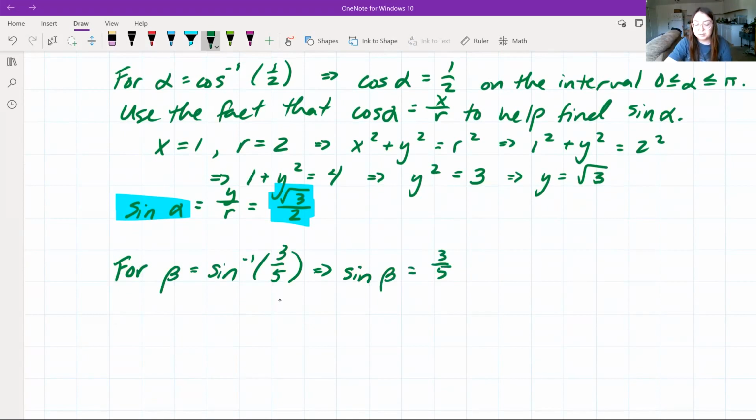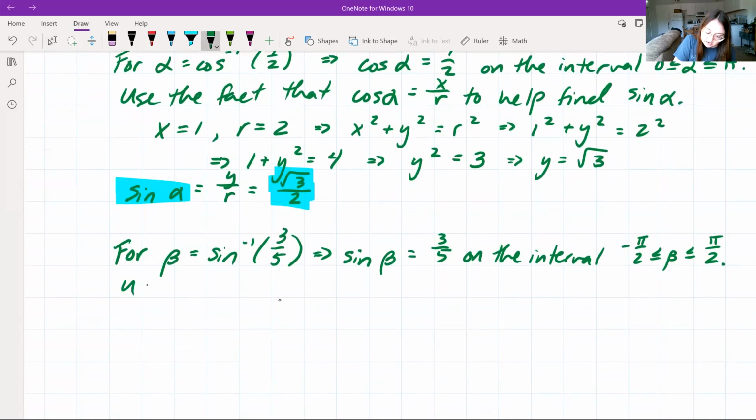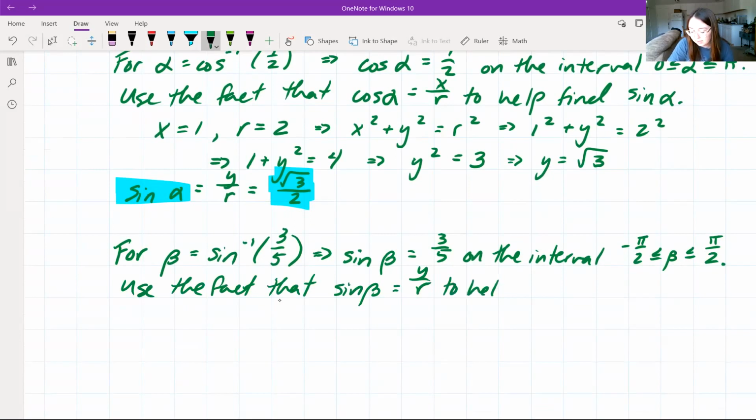We just took the sine of both sides, and this is going to be on the interval negative pi over 2 less than or equal to beta, which is less than or equal to positive pi over 2. And now we're going to use the fact that sine of beta is equal to y divided by r to help us find cosine of beta.